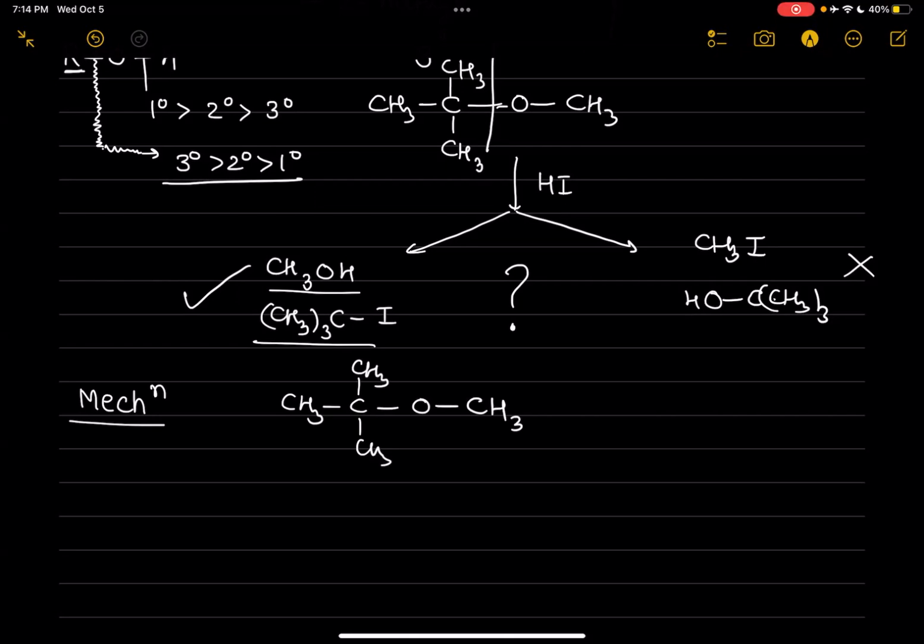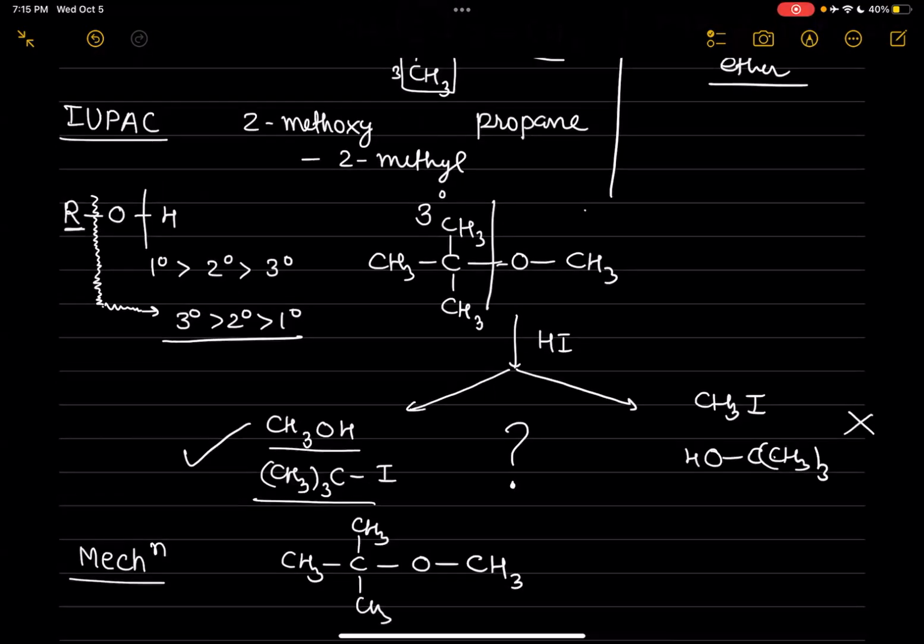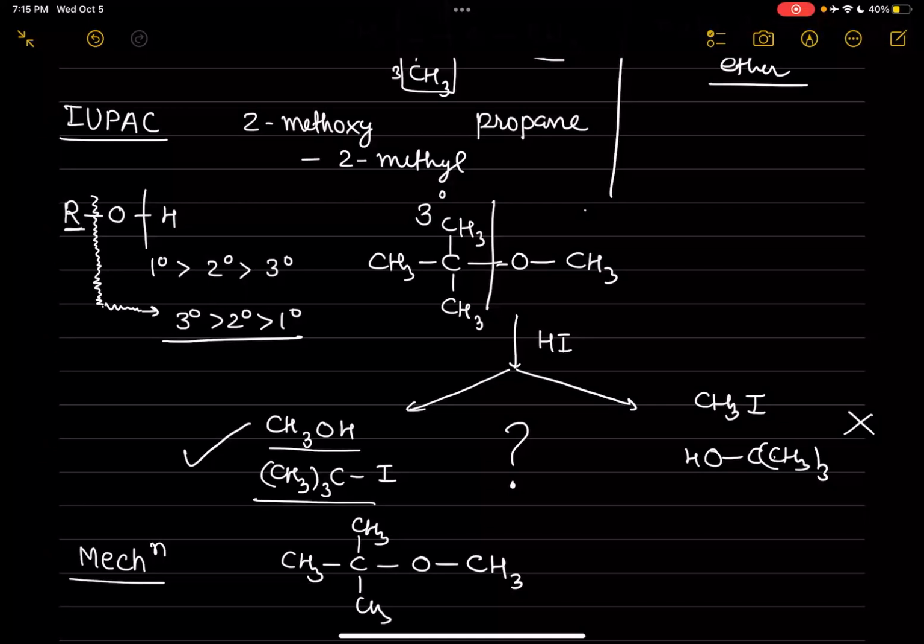Yeah, I'm explaining. If you are comparing the breaking of the carbon oxygen bond, it breaks more easily if you have a tertiary carbon, then secondary and primary.